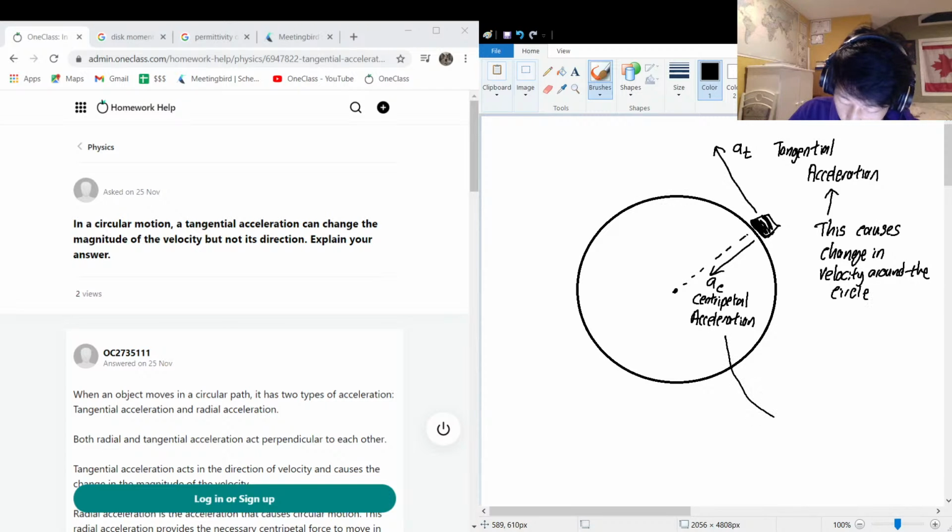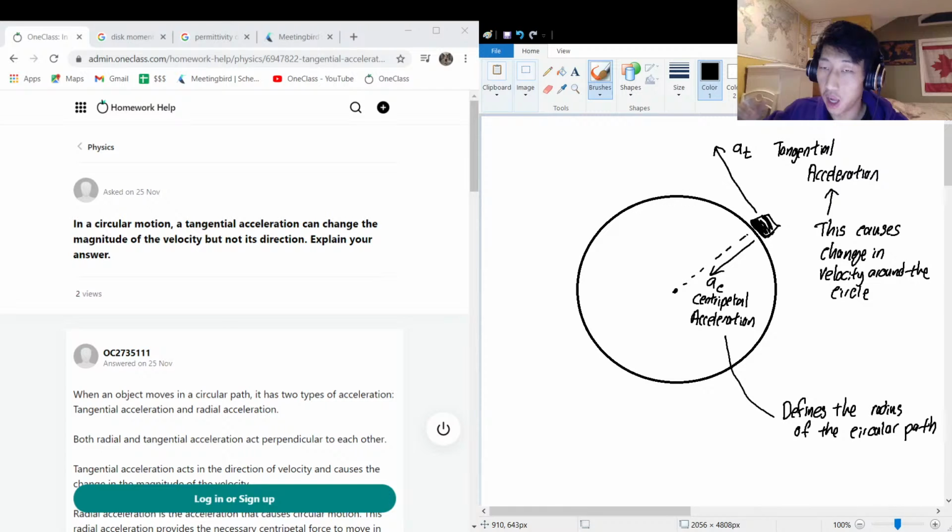The centripetal acceleration defines the radius of the circular path.